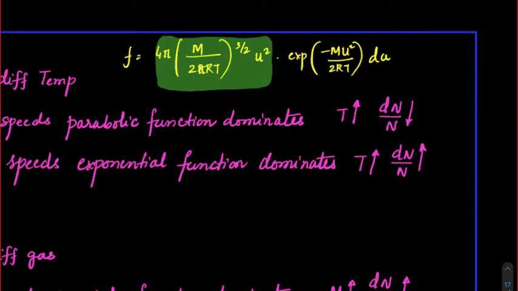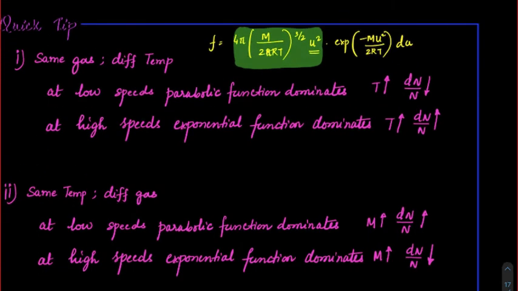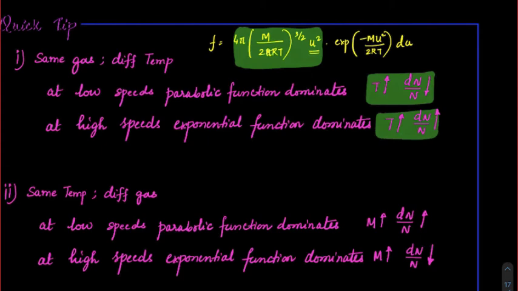Same in u also: temperature is down in m by RT, and if that increases, the fraction will decrease. So that is a conclusion you can remember. At lower speeds, always remember that if temperature increases, the fraction of particles will decrease. If at higher speeds, you'll always get this: as temperature increases, the fraction of particles will also increase.